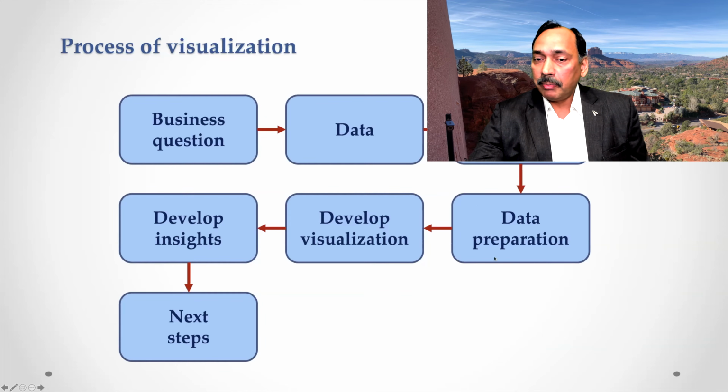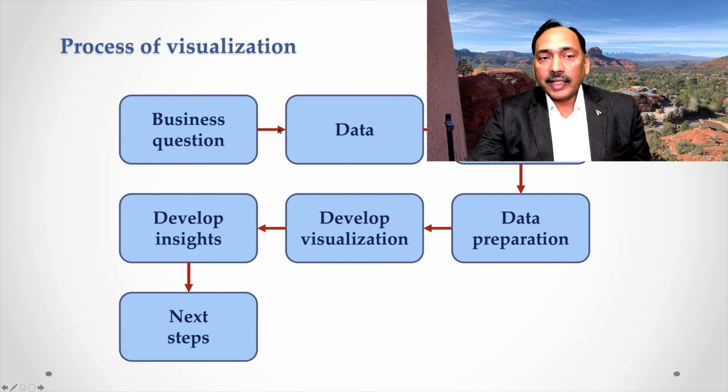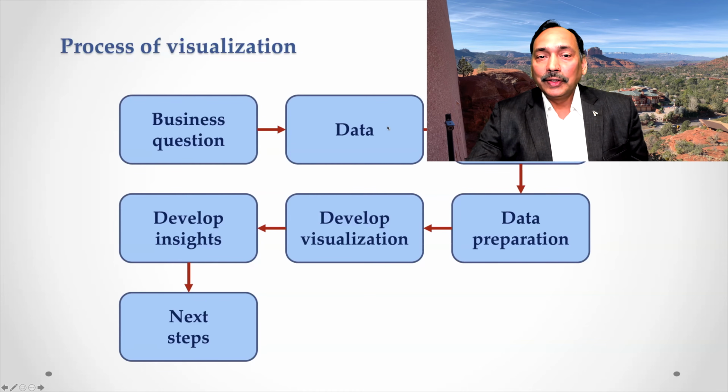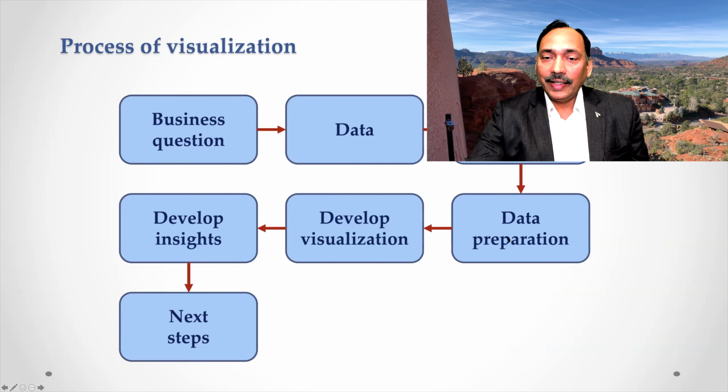Those kinds of steps may be needed before we can apply that method. And once we have the proper visualization done, we may develop insights and decide on next steps. Although these arrows are going from one box to another box, you can imagine a lot of arrows going back and forth. So it's never a linear process. Sometimes you come here and you feel that you need to go back to the data and look at something again, and then decide about data preparation.